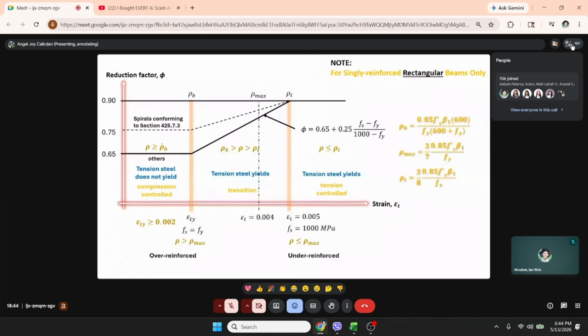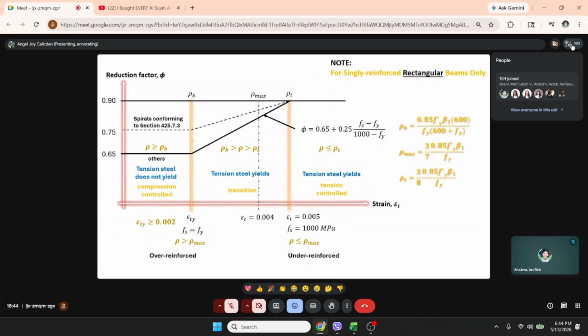So here on the left side is first the compression controlled zone wherein the tension steel does not yield and rho is greater than or equal to rho balance. And kanina, the boundary or limit niya is the rho balance.